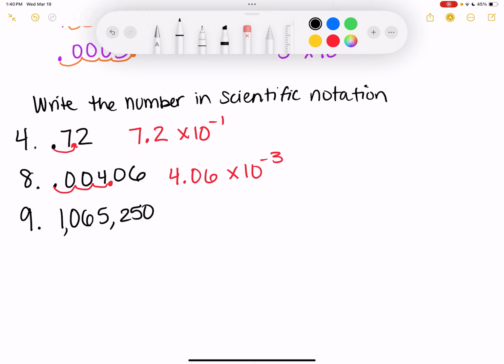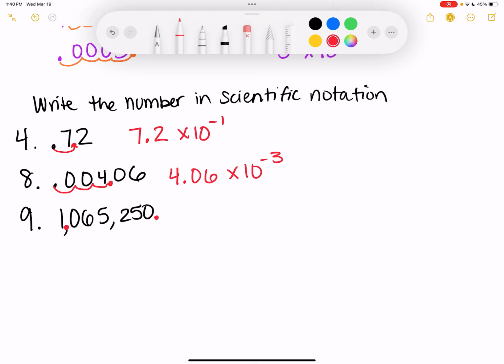What if we move the decimal to be right after 1? Yes, that is what I'm doing. Right now there's an imaginary decimal right here, but I need to move it so that the only thing before it is this 1.